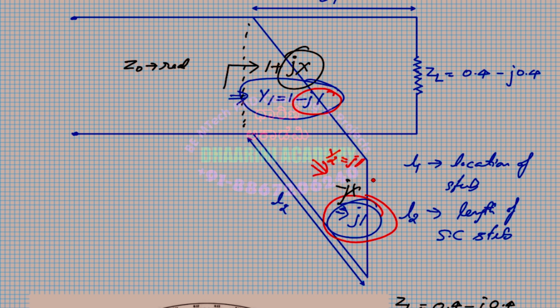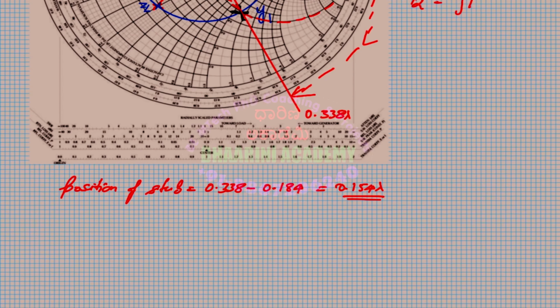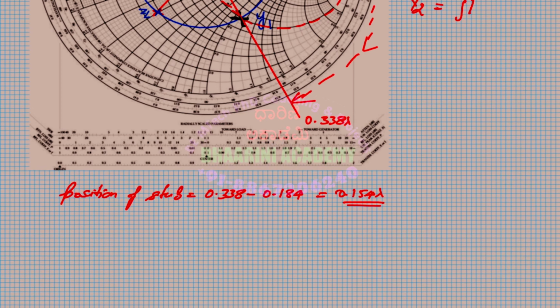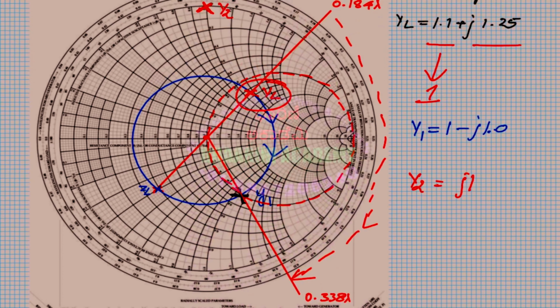You know where the J1 is. This point you already know, correct? I have to reach this point starting from this, right? So you just have to start from J1 and you can move towards this. Okay, so let's do that. I have marked the distance like this.